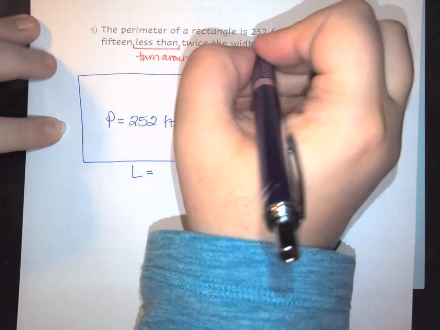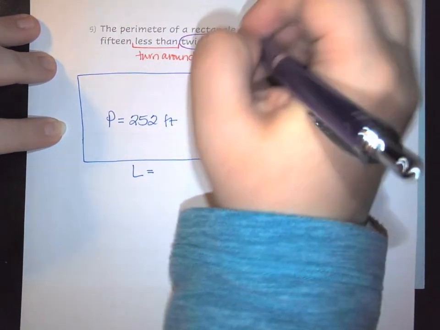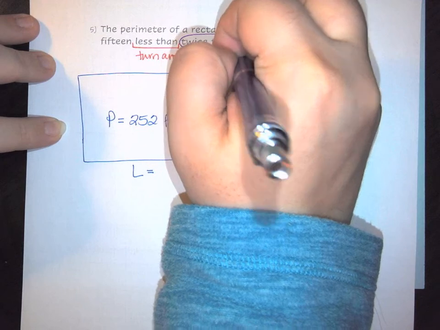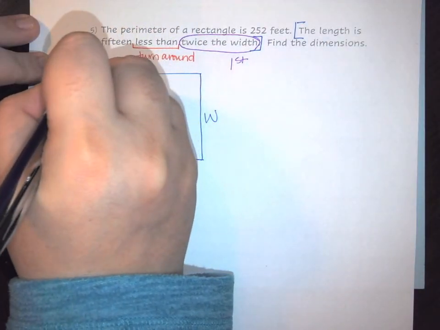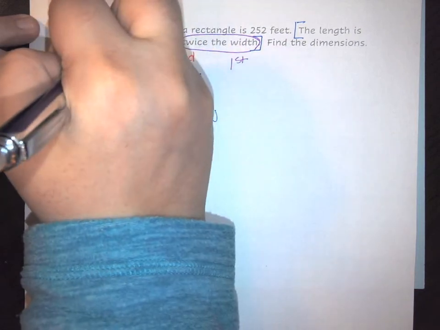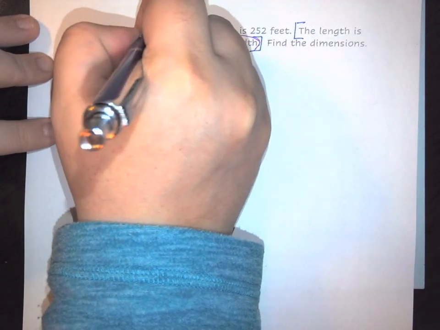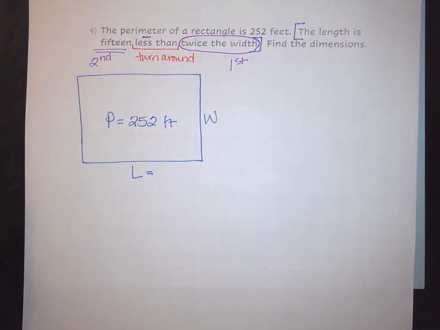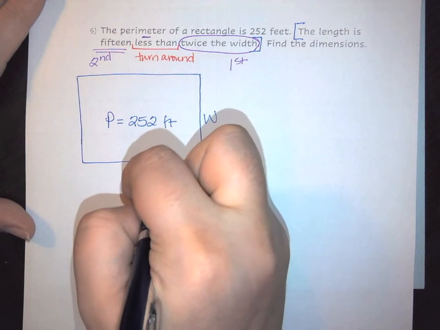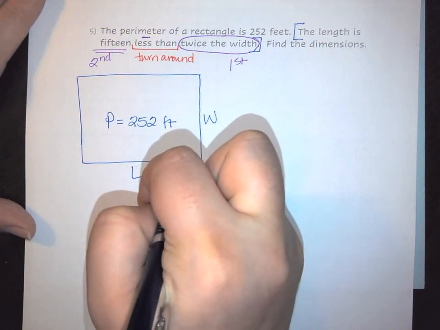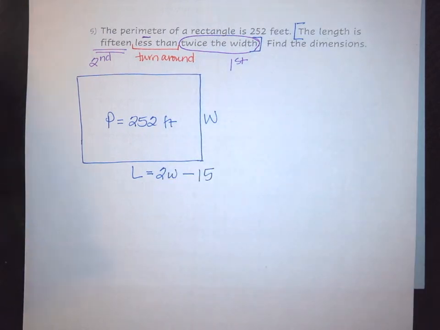So when we're talking about twice the width, this piece right here becomes first, and then the 15, this piece back here, is going to be second, and the less is subtraction. So again, how does that work? Twice the width is going to be 2w, less than is minus, and then 15.